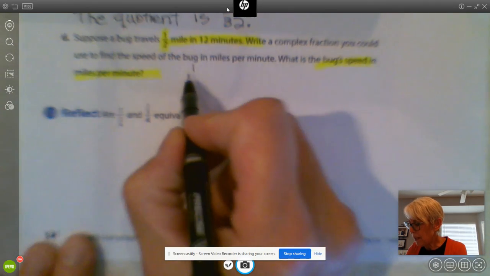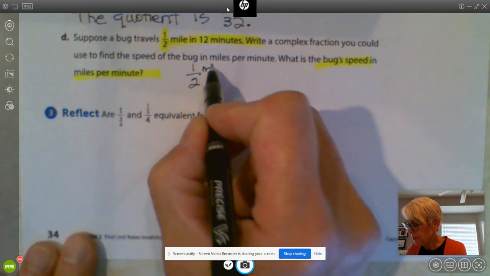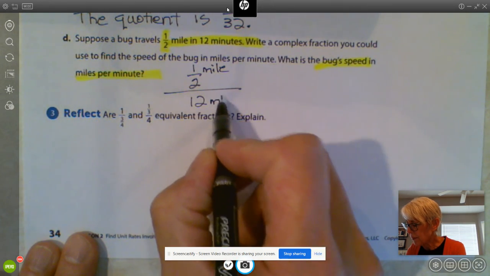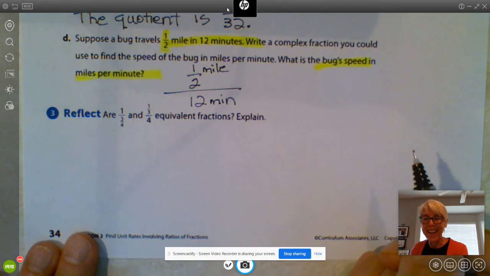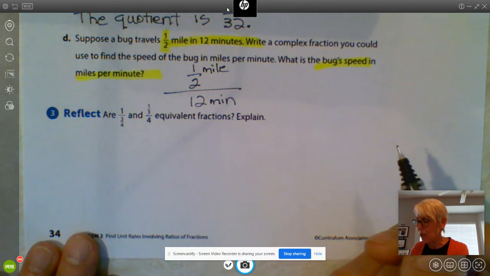Let's write 1/2 mile over 12 minutes. We've got ourselves a complex fraction. We've got a fraction in the numerator, a whole number in the denominator. We can rewrite this as a division problem.